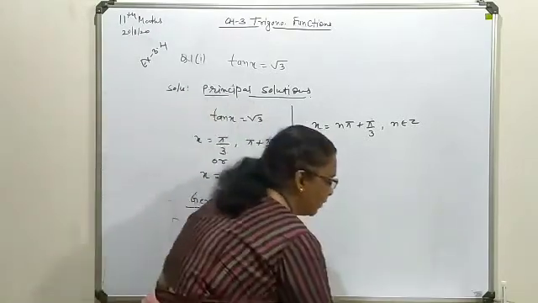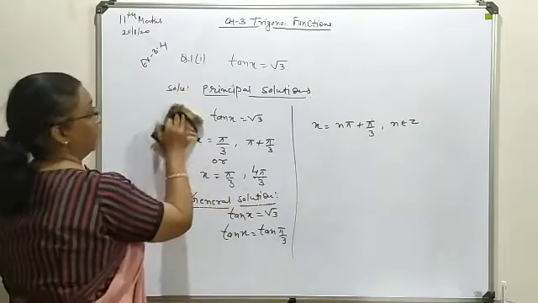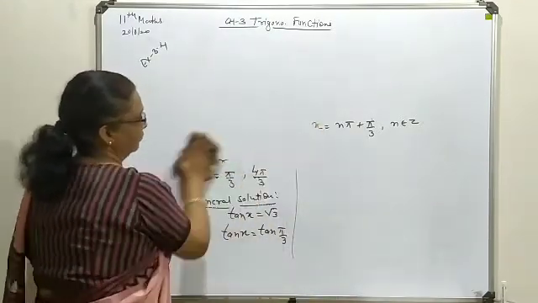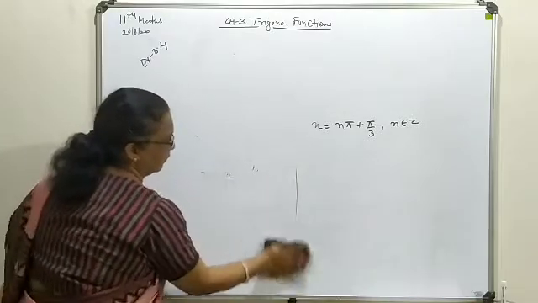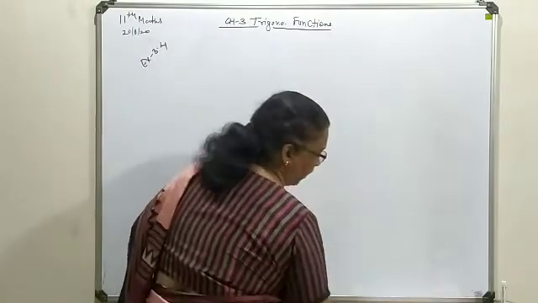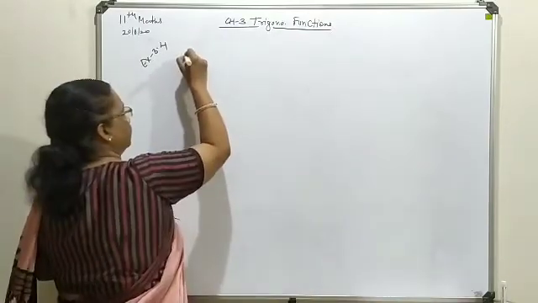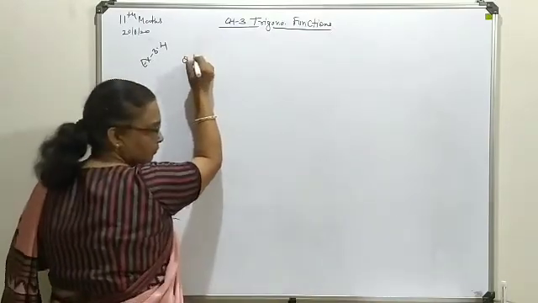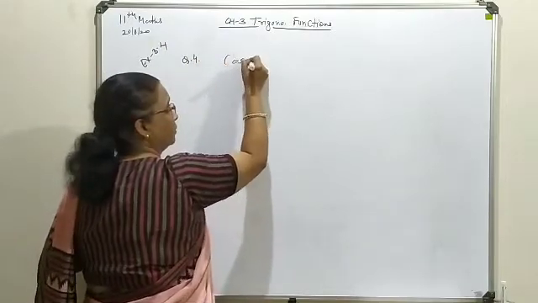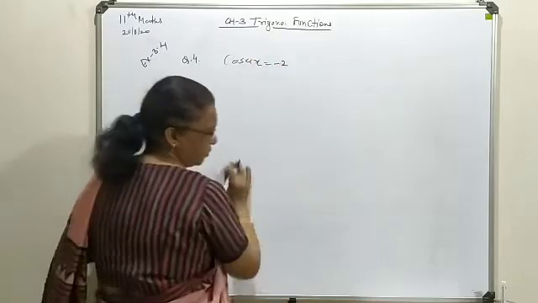Now let's try to do one more question, that is the fourth part of the same. Here in the fourth part, your question is cosec x is equal to minus 2.